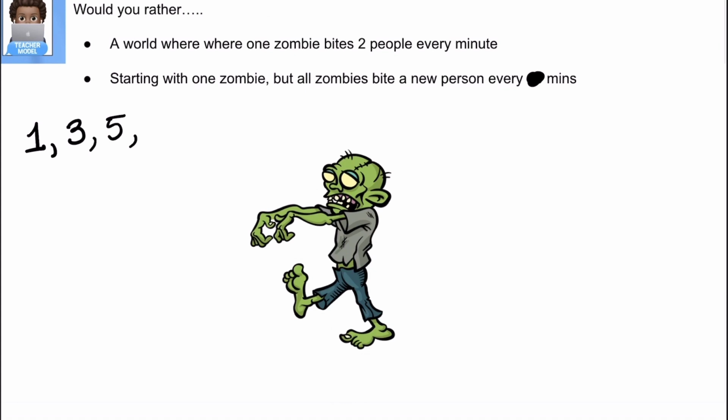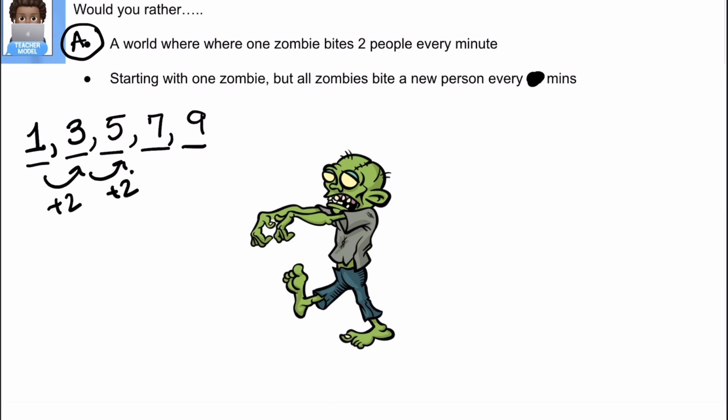He's biting 2 more people, there's 7, and he bites 2 more, there's 9. So in this situation, in world A, this would be the sequence of zombie growth that you would see, where you're just constantly growing by +2. And we just talked about these sequences.